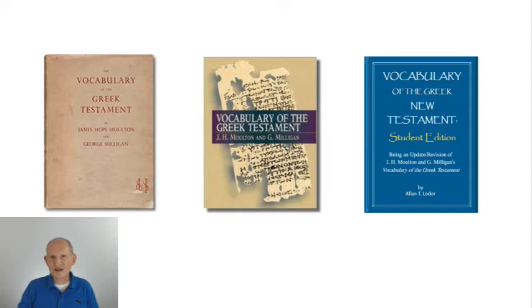This major update revision of Moulton and Milligan's book is designed to make this valuable resource more accessible to a wider English-speaking audience. Hopefully, the enhancements in VGNTS will help bridge the gap for those whose knowledge of Greek is somewhat less than what Moulton and Milligan had anticipated.